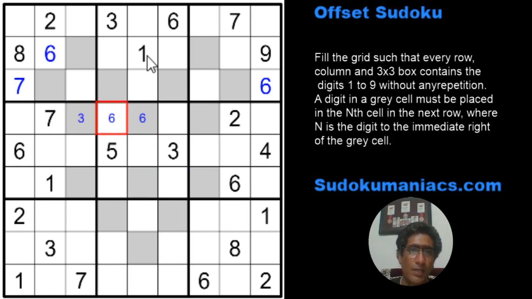Good enough. But what I see is this 1 is ruled out from these 3 cells, and this 1 blocks this out. And if this were a 6, this would become a 1. Alright? So I would require a digit in this gray cell, which is in the first cell of the next row, which is the 6 here again.